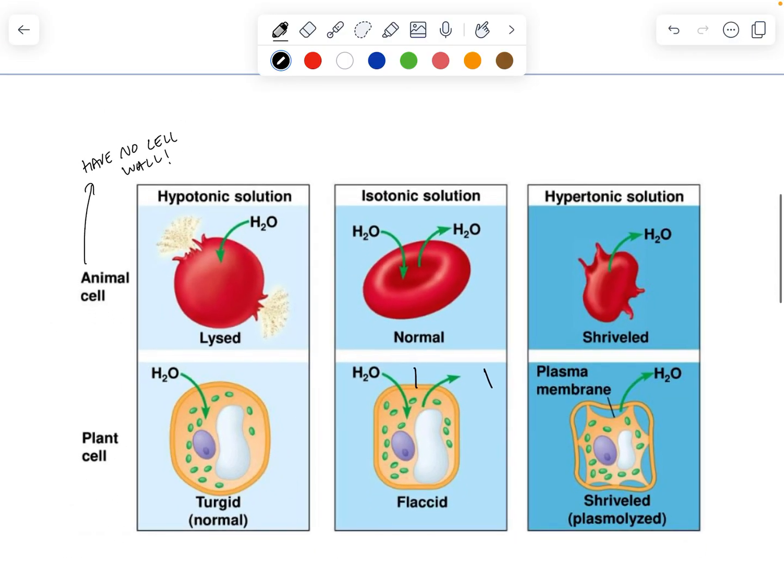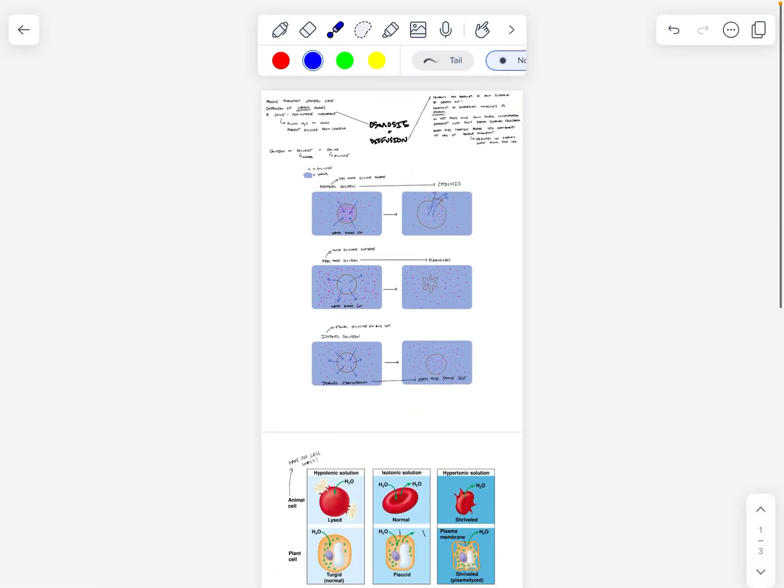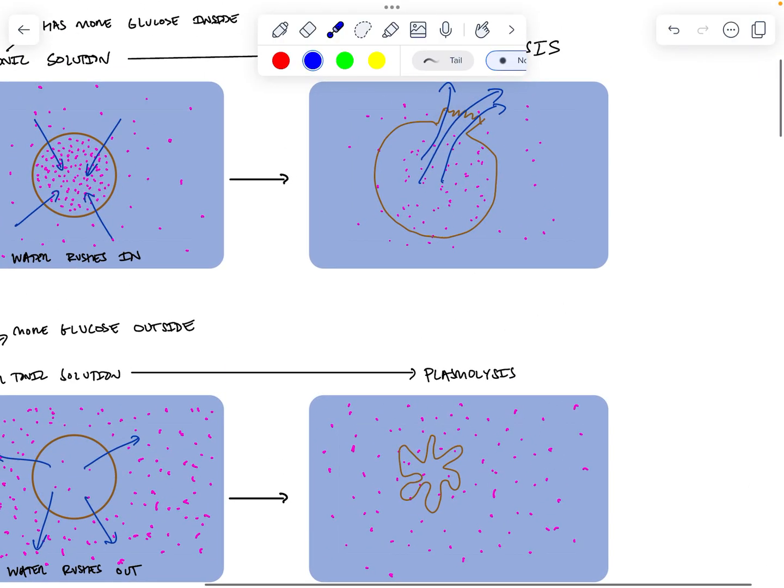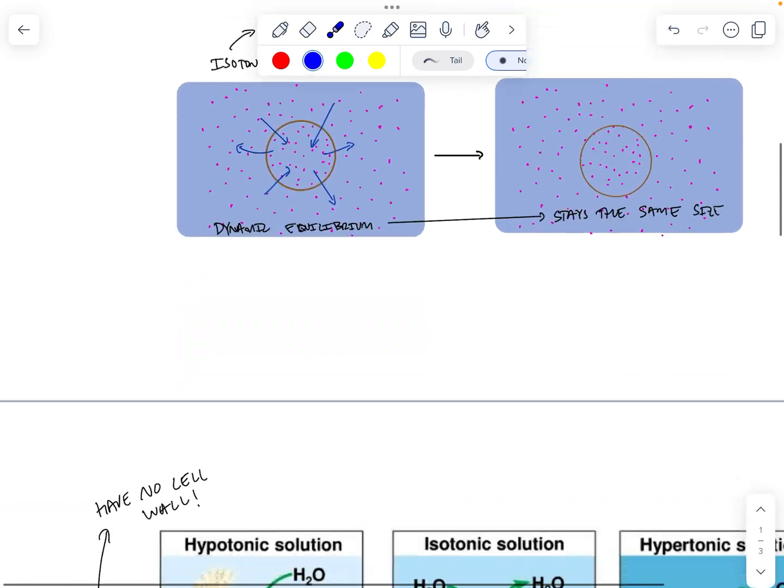As a result, if you put an animal cell into a hypotonic solution, into a situation where there's more glucose on the inside of the cell than on the outside of the cell, water's going to rush in. So it's this top situation, and it will burst open.